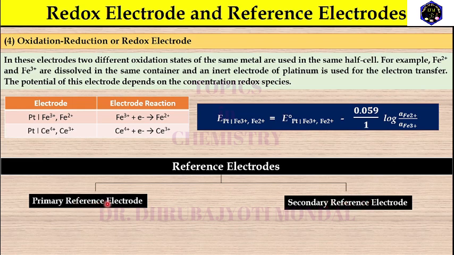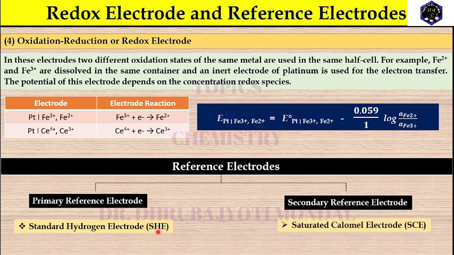Primary reference electrode example is standard hydrogen electrode, in short called SHE. Secondary reference electrode examples are saturated calomel electrode or SCE, and silver chloride electrode.